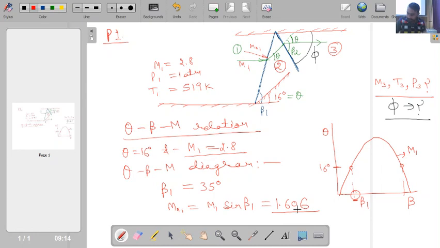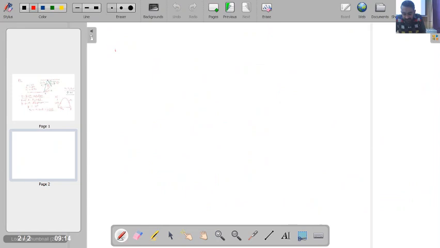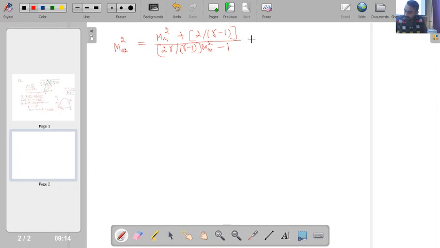Now this value we can utilize to find the value of the normal Mach number in the downstream of this wave, Mn2, because we have seen the relation that Mn2 square is equal to (Mn1 square plus 2 divided by gamma minus 1) divided by (2 gamma by gamma minus 1 times Mn1 square minus 1). So the value of gamma is known to us for air as the fluid, that is 1.4, and the value of Mn1 we just calculated.